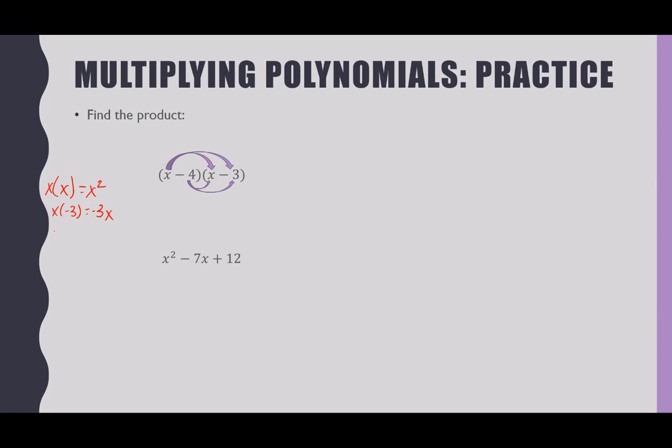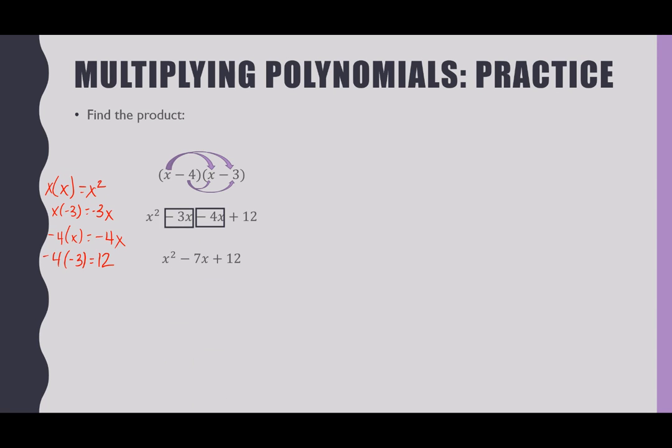So negative 4, you have to keep that sign in front of the number, times x is negative 4x. And then negative 4 times negative 3 is positive 12.